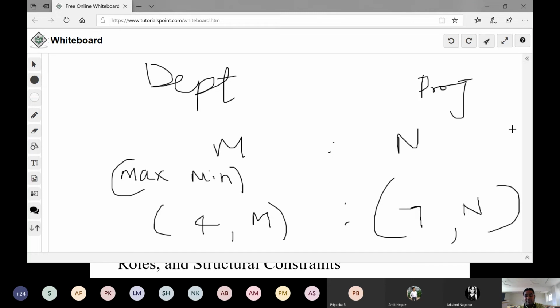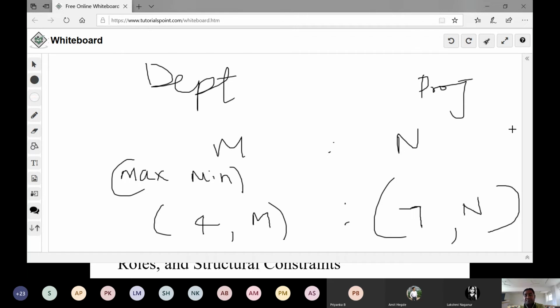Now, what does 4 comma m and 7 comma n say? Minimum four departments should have minimum 7 projects, sir. So that means if one department controls m number of projects, it should control a minimum of 4. So a department should at least control 4 minimum and m maximum projects.